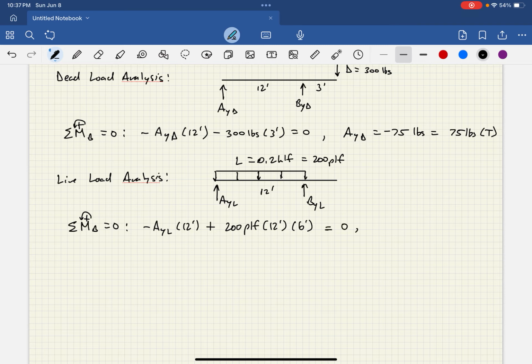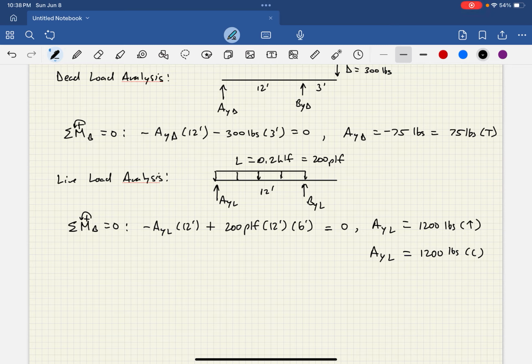And I can do some rearranging. I'm going to get AY live is equal to 1,200 pounds reacting upwards. That's positive. And so that means AY live is 1,200 pounds compressing on the beam, right?